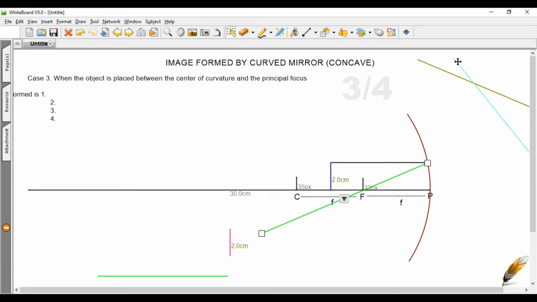And then we have another ray still coming from the object and passing through the principal focus downward to hit the what? To hit the mirror. We have that. And we have this.